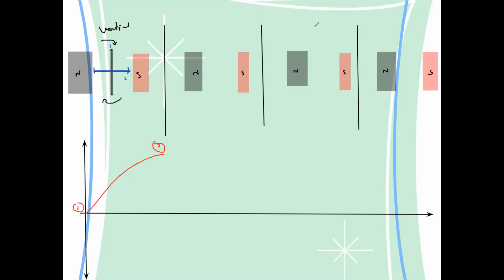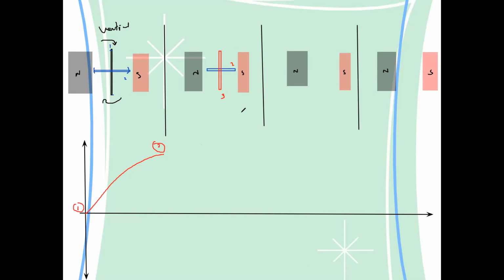Now from position 2, it moved from position 2 to position 3. So this one is position 2 and this is position 3. What happens to the strength of the magnetic field moving from 2 to 3? Will it increase or decrease?